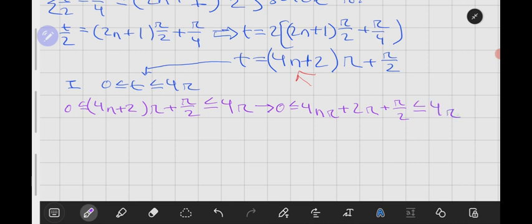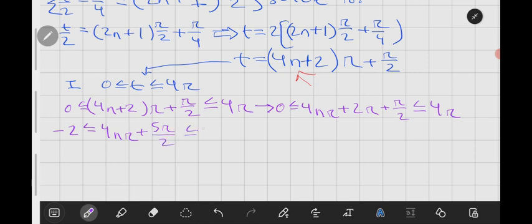Okay, and we can then see that our interval is actually, we collect our like terms, of course, so we get 4n pi plus 5 pi over 2.